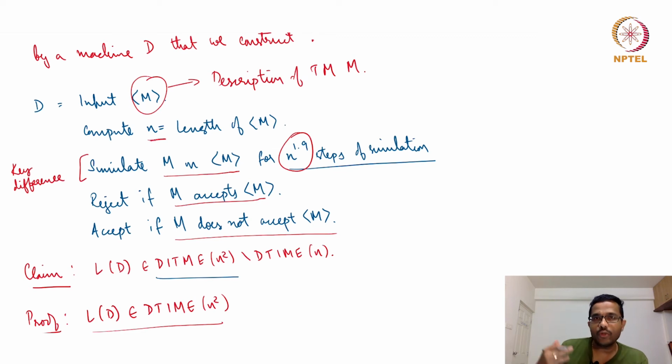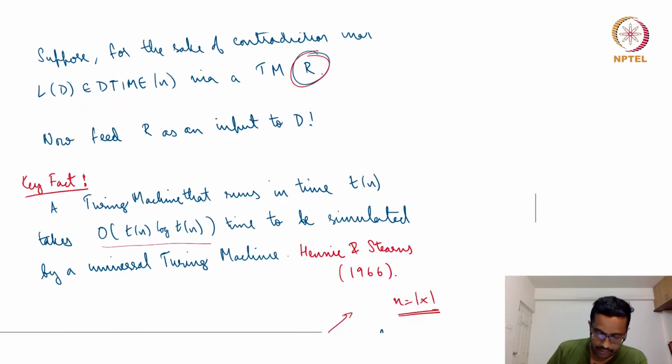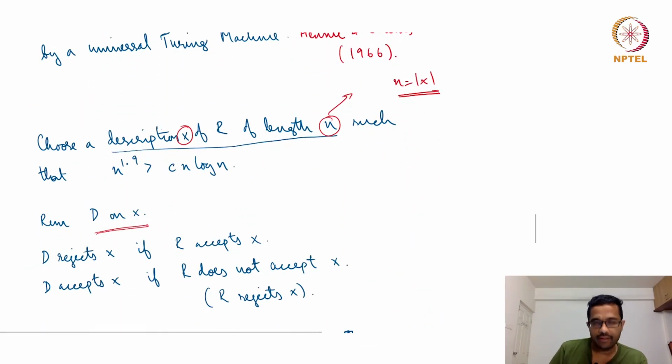And R is assumed to be linear time, so by order n time, R would have decided either way. Even taking into account the logarithmic overhead required for the simulation, n log n is smaller than n power 1.9. So we will certainly have known whether R accepts or R rejects. R not being able to decide and terminating will not happen, because we know that R terminates in order n time and we have accounted for enough time.